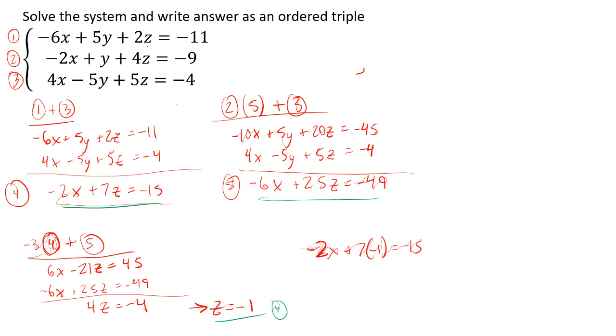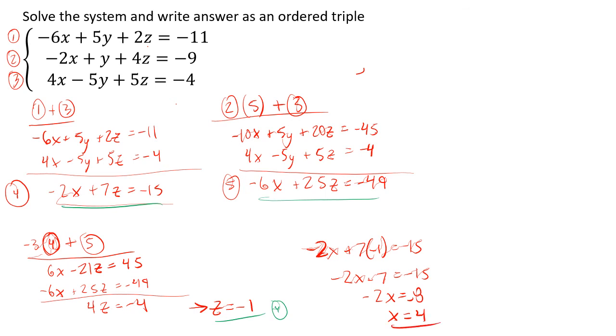I apologize for the squiggly lines here. I'm not exactly sure what's going on. So negative 2x minus 7 equals negative 15. If we add 7 to both sides, negative 2x will equal negative 8. So x is 4.